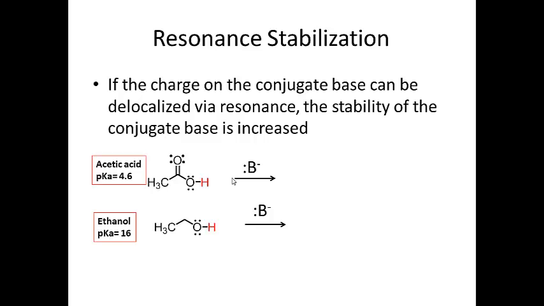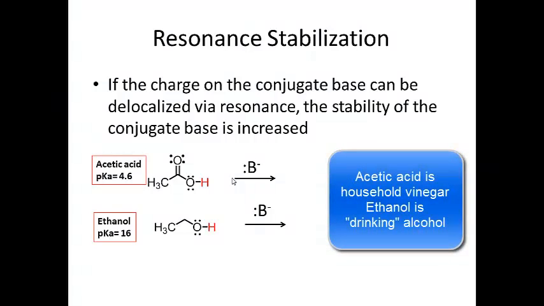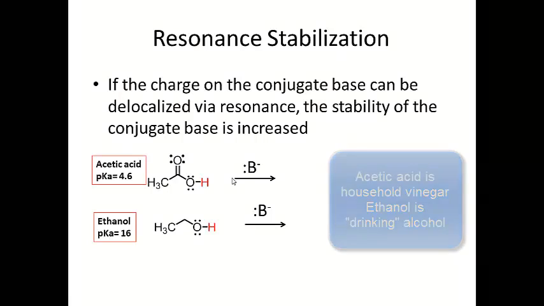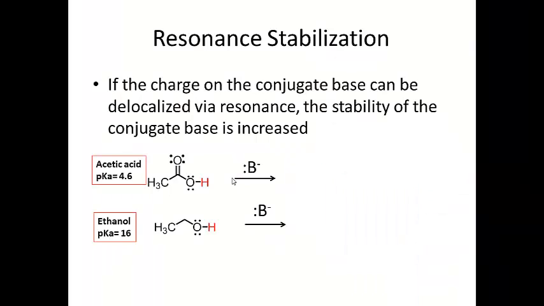So let's keep going. All right, let's first talk about resonance stabilization. We talked about this before. You have several videos on resonance, and we've done lots of work with resonance. In order to understand this, we need to compare two compounds that have acidic protons and are therefore considered acids.